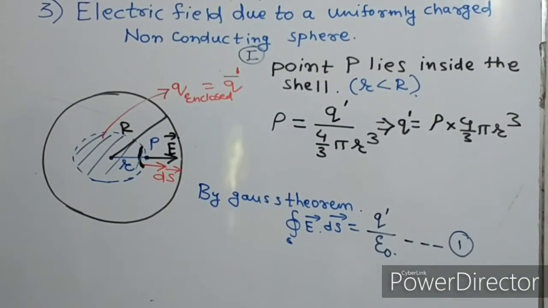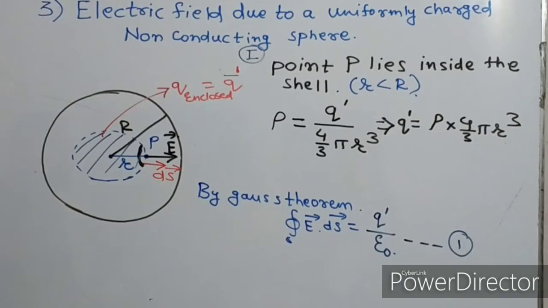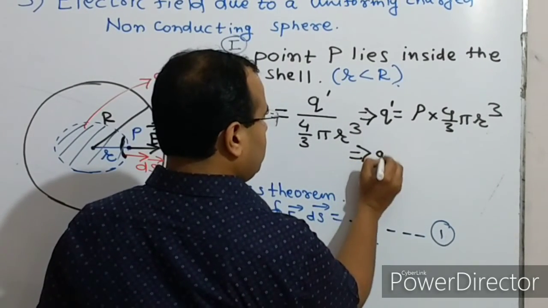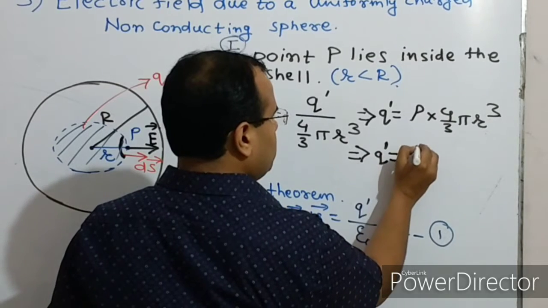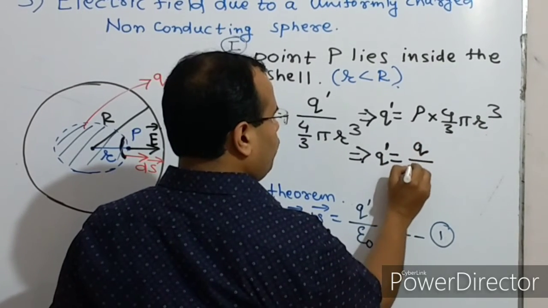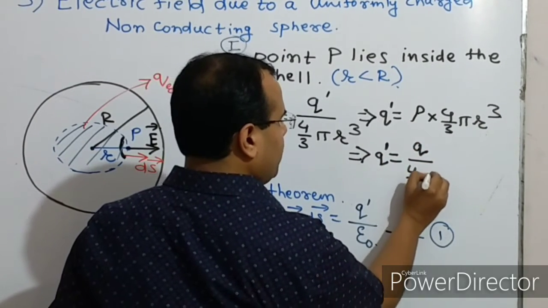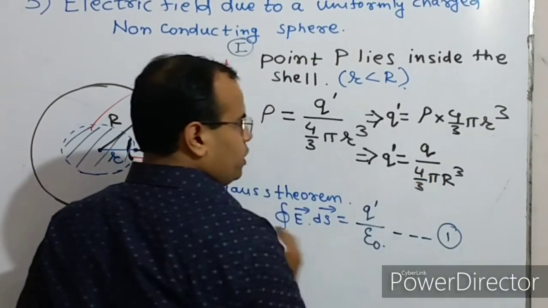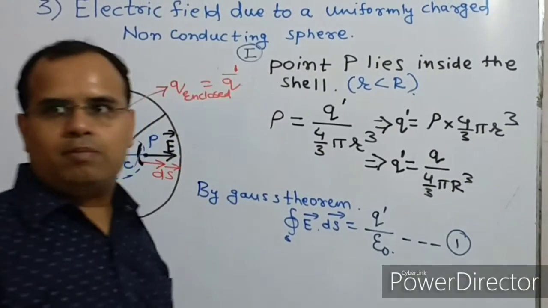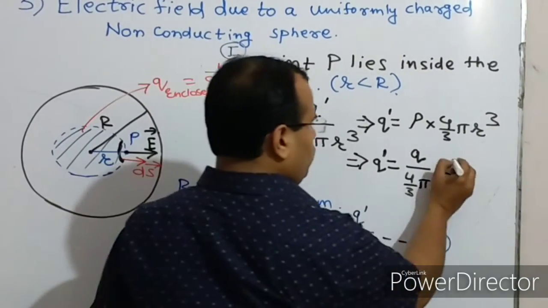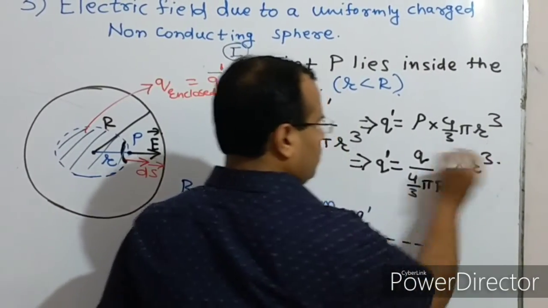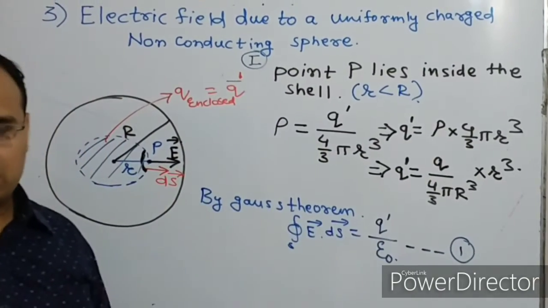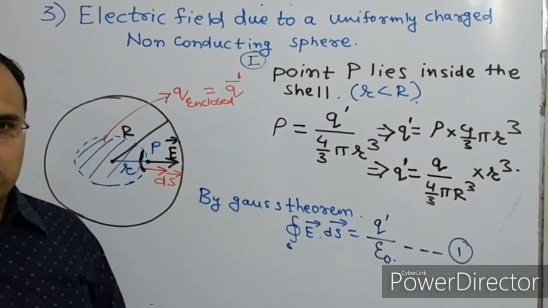As we earlier wrote, rho is q upon 4/3 pi capital R cube, so q dash is q upon 4/3 pi capital R cube into small r cube. This is what the charge q dash is here.